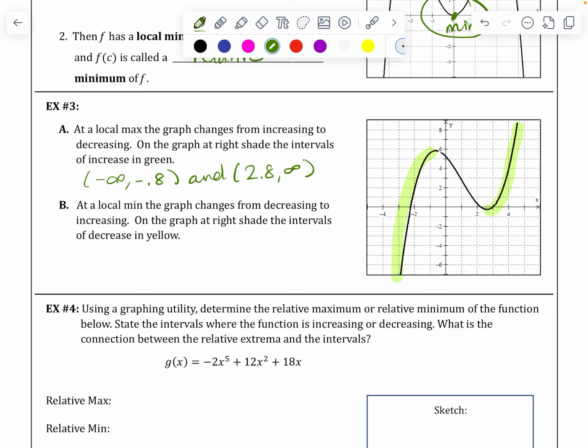A local minimum changes from decreasing to increasing, and we're going to shade that in yellow.